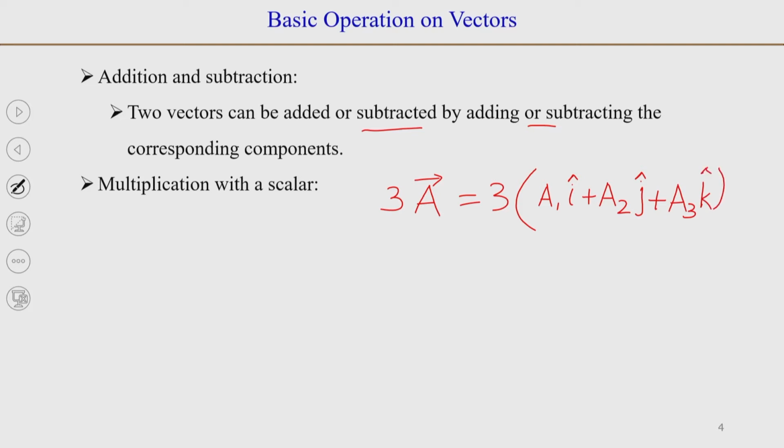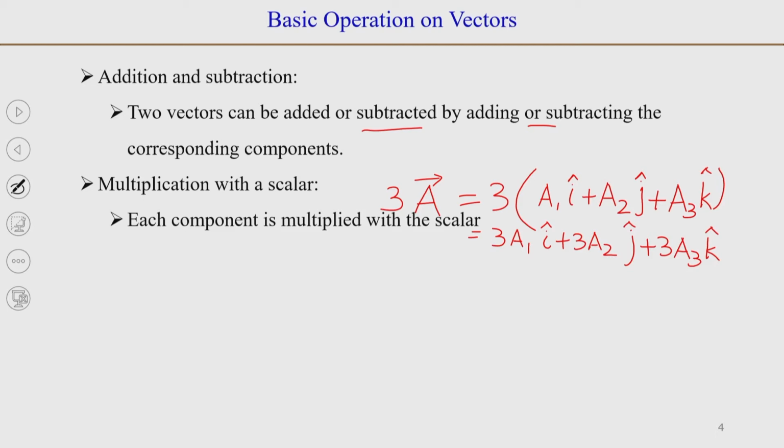Now, when you multiply with the scalar, you can just write 3 a1 i plus 3 a2 j plus 3 a3 k. That is what we will have here, that each component is multiplied with the scalar. So, 3 is the scalar here.